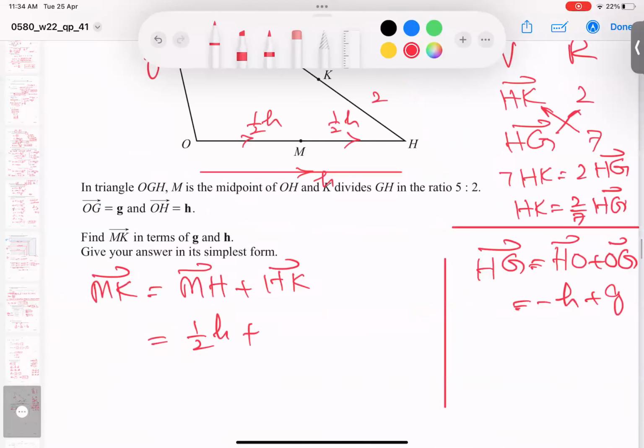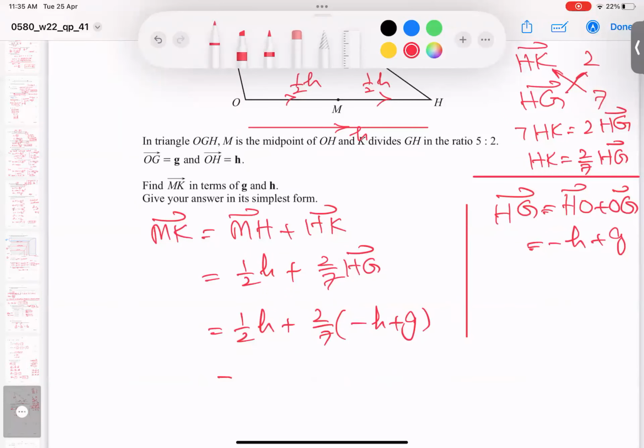And this vector I'm replacing, and this value of HG I'm putting here. A little bit hard, anyway, I hope you're understanding. Plus times minus is minus, and 2 by 7 times H. Plus times plus, 2 over 7 times G.